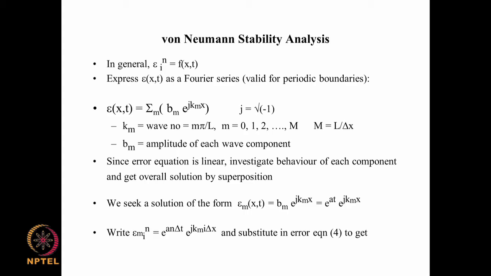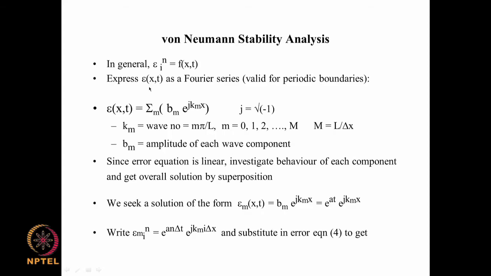Okay. Because we are dealing with a linear equation, we have started with a linearized wave equation, one dimensional wave equation. So, it is a linear equation, and in the case of a linear equation we can always superpose different solutions.